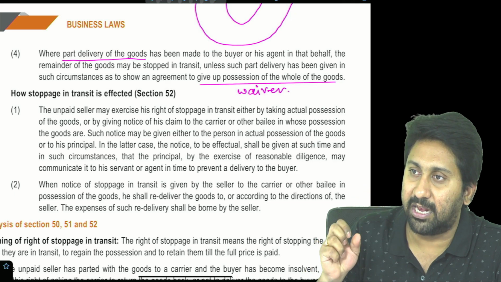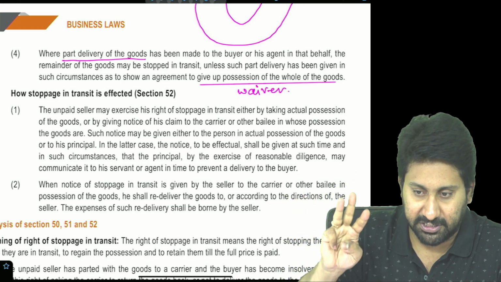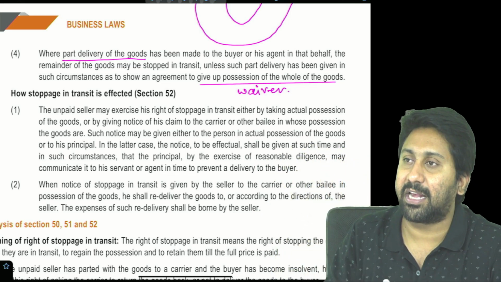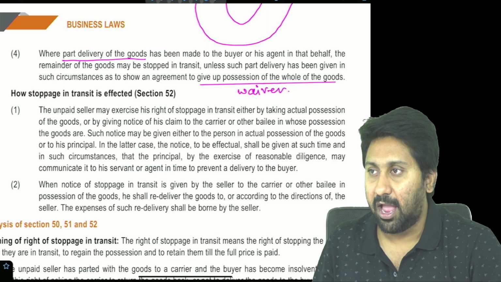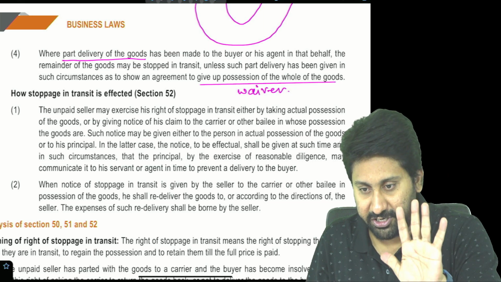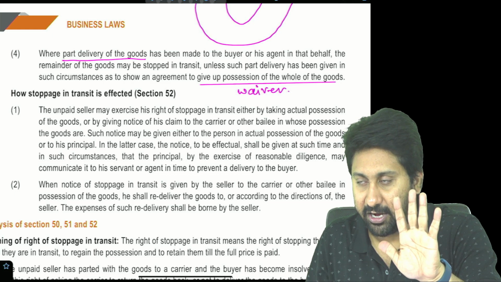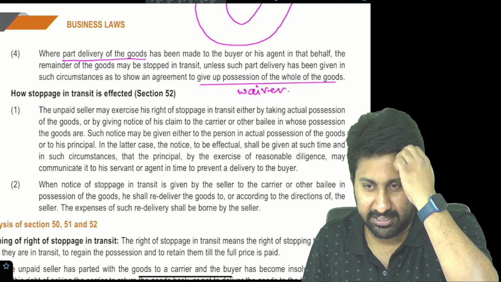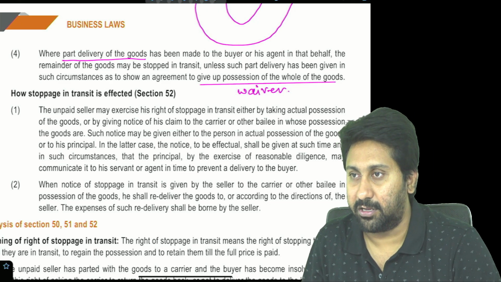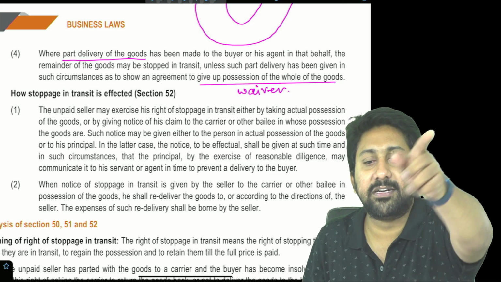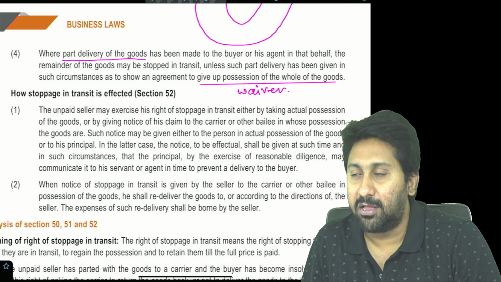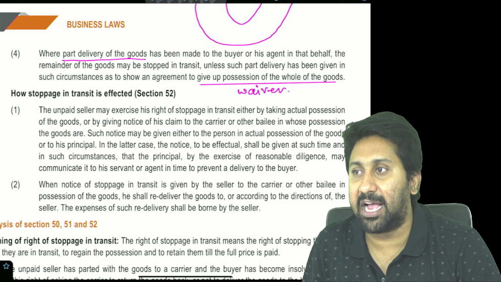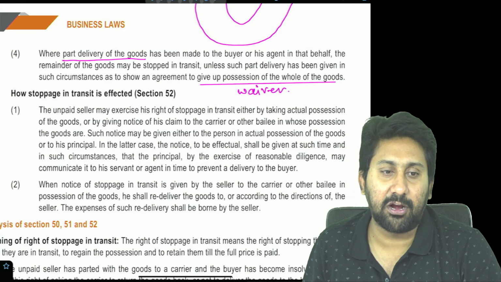I agreed to sell 5 and I will send 3 first, later I will send the 2. 3 machinery I sent in ship number 1. During its transit to Gujarat from Kolkata, I came to know that there is a default from the buyer as he has become insolvent. Immediately what I can do, I will stop the transit.